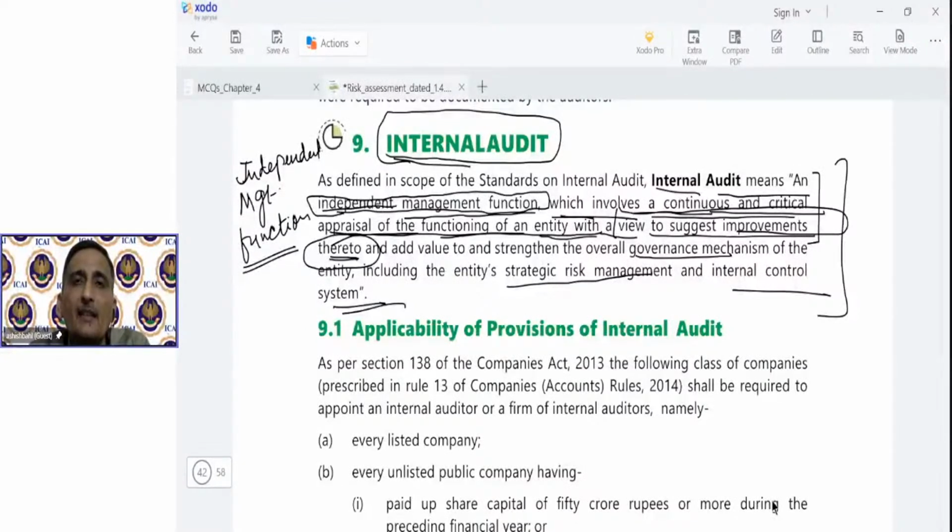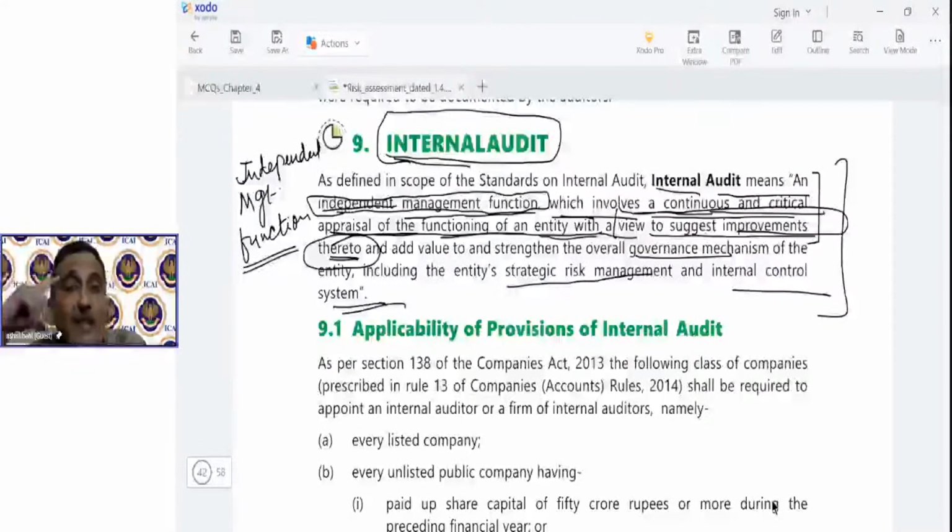It is expressly prohibited, expressly barred in the Companies Act. So your question itself becomes irrelevant. Why is it barred? In that case, there would be a threat to the independence of the auditor, because he would be involved in self-reviewing his own work.